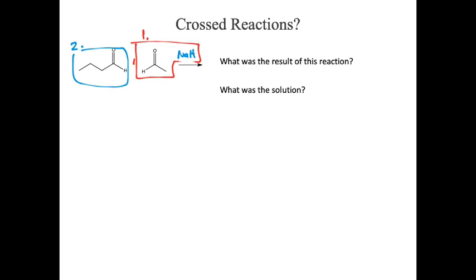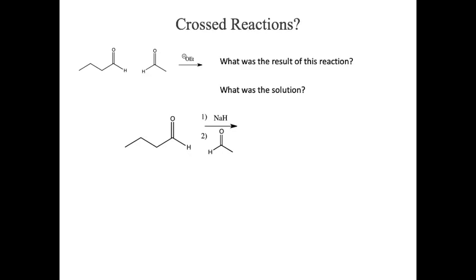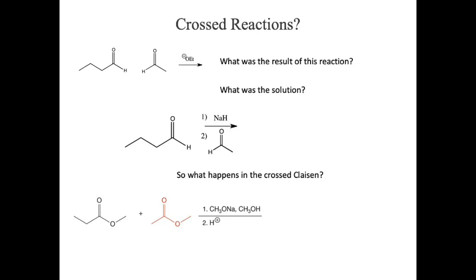Okay? When we move to the Claisen, we're going to have similar issues pop up if we're going to try crossed reactions. Okay? So we have to be a little bit more careful. If I'm going to do a crossed reaction, I have to be aware of what base I'm using and when I'm using it.